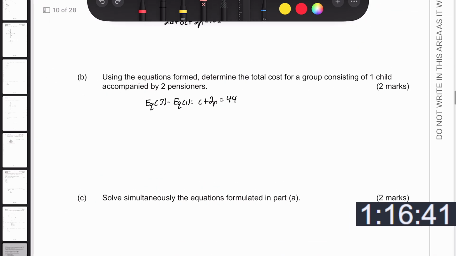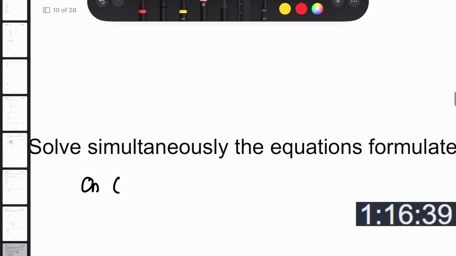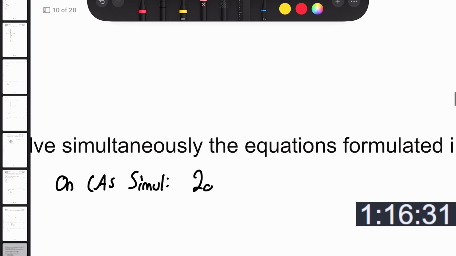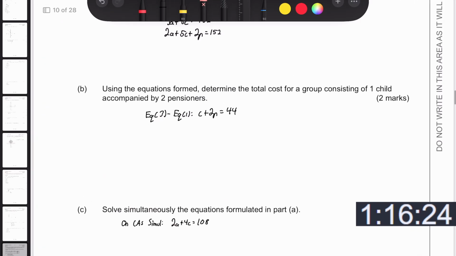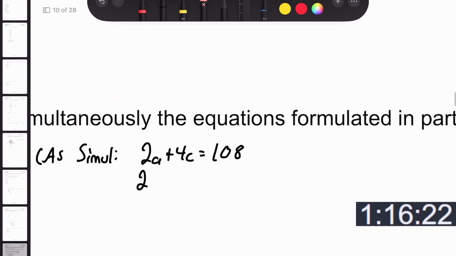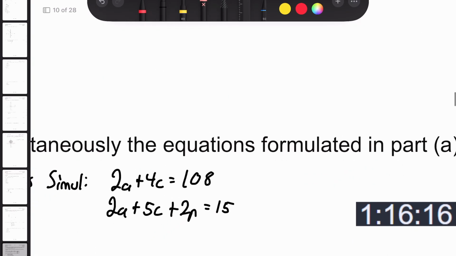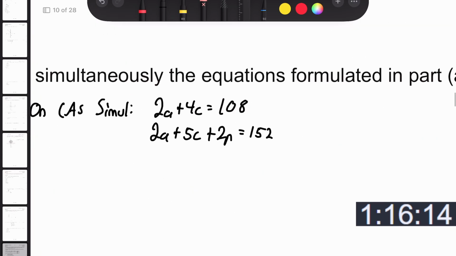The equations, formula in part A. So I'll say on CAS, simul. We'll do 2a plus 4c equals 108, and we'll do 2a plus 5c plus 2p equals 152. Then we'll do c plus 2p equals 44.